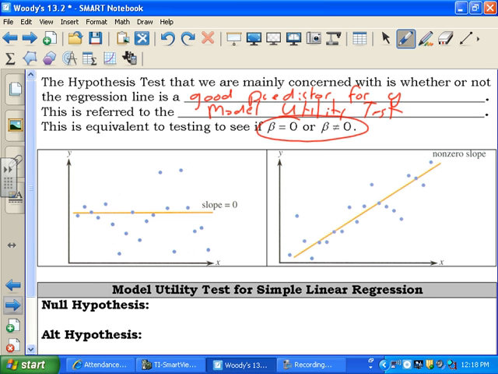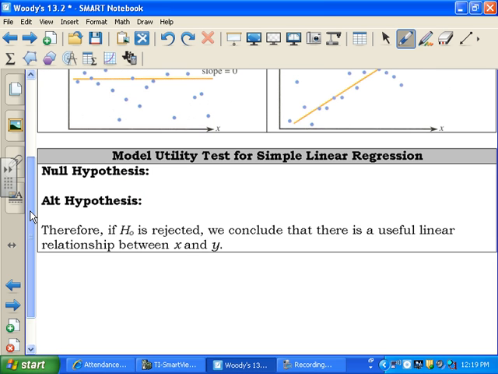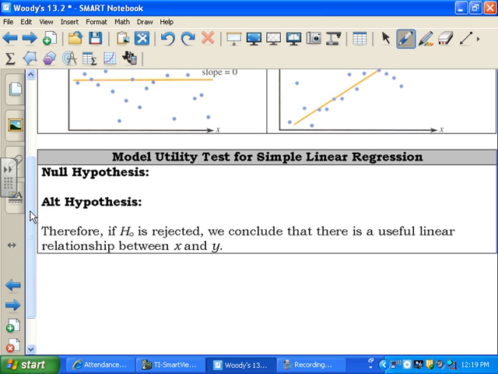Okay? A slope of 0 is not useful. A slope that is not 0 is useful. Model utility. Is your model useful or not? And again, I already kind of gave this to you and showed it to you. So our null is equal to 0. Alternative is not equal to 0. Make sure those are capital letter B's because we're talking about the true slope, not the sample.